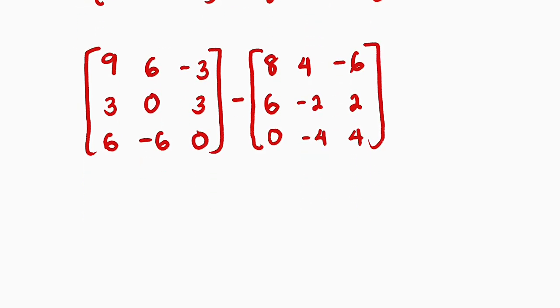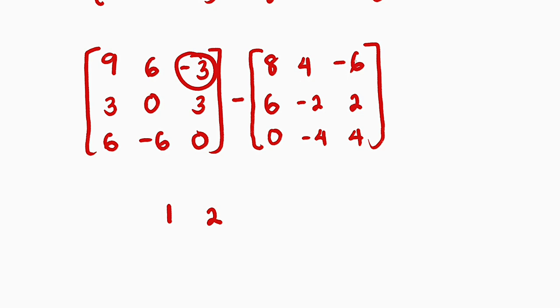All right. We are only going to relate corresponding elements, in that order. So 9 minus 8 is 1. 6 minus 4 is 2.